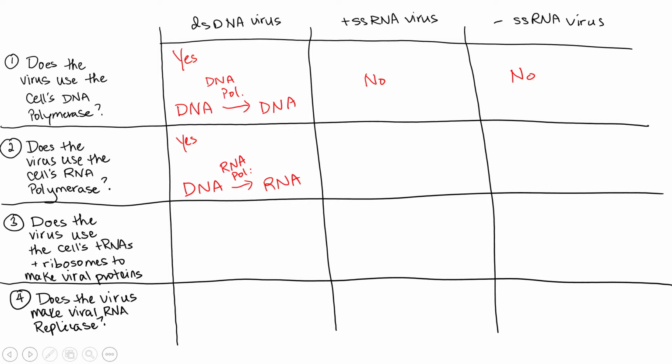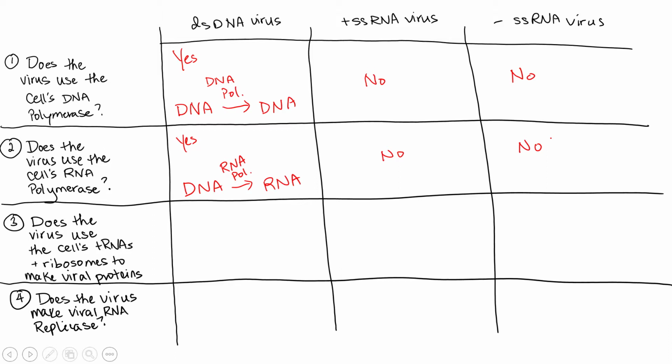What about the RNA viruses? Do they use RNA polymerase? Not typically. Okay, not to copy their genome. In the case of those retroviruses, though, that become double-stranded DNA, then yes, they would use the RNA polymerase from the cell.